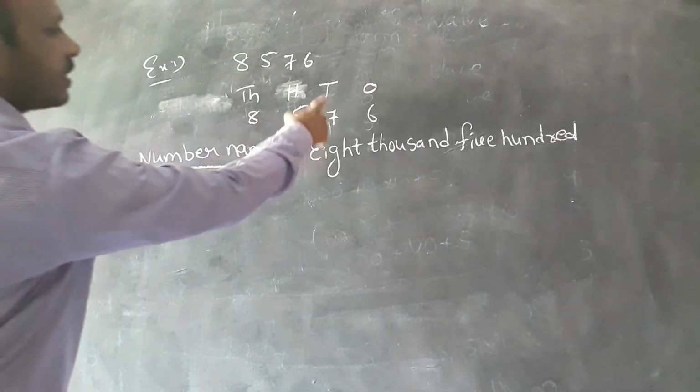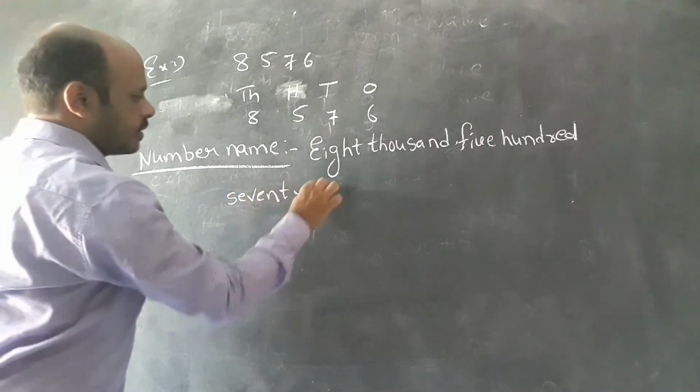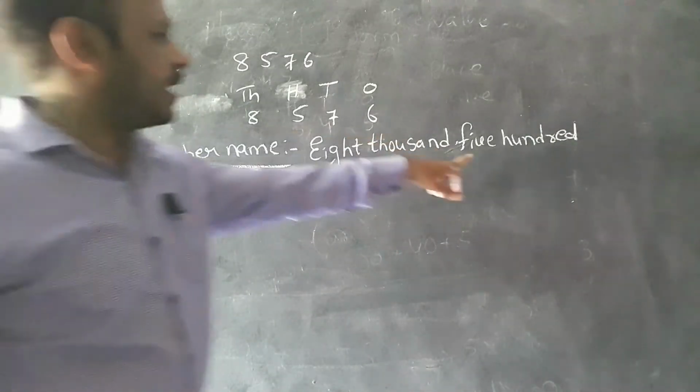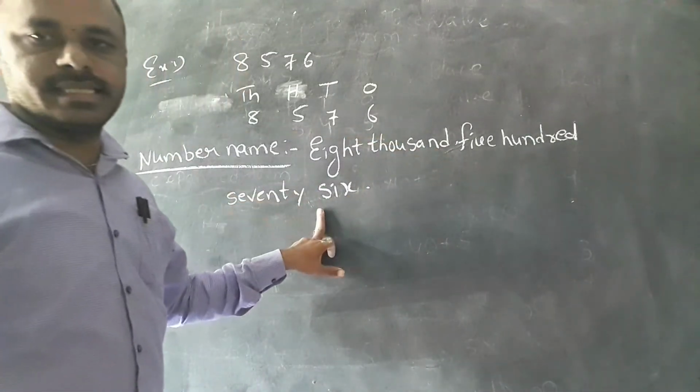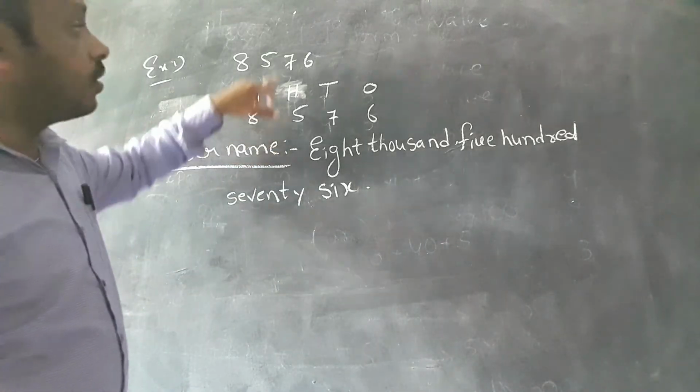Next one is what? 70. 76. 8,576. This is the given number name.